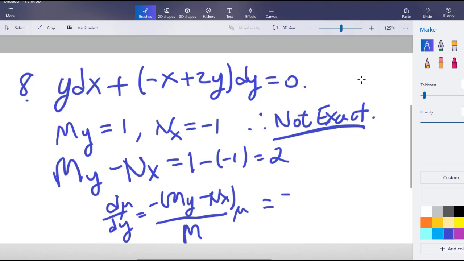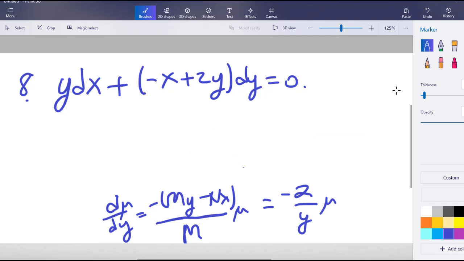In this case, that's negative 2 divided by y all times mu. This differential equation is separable. We can separate the variables as follows. 1 over mu d mu equals negative 2 over y dy.